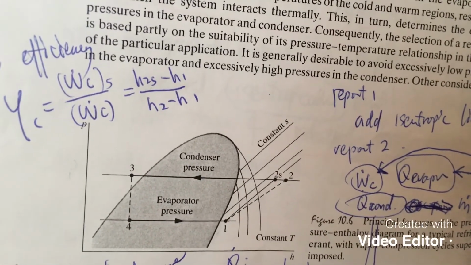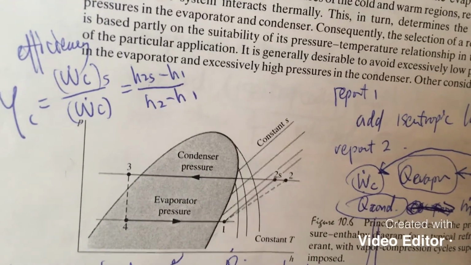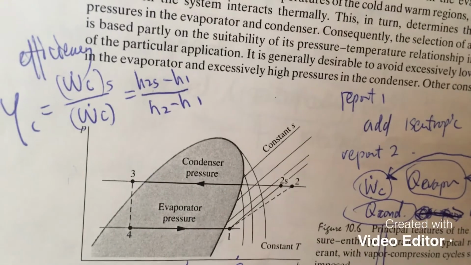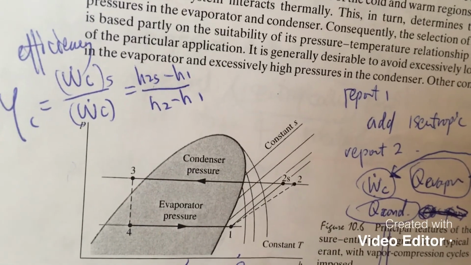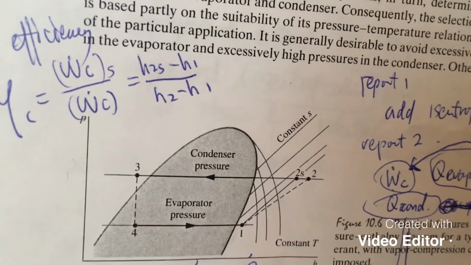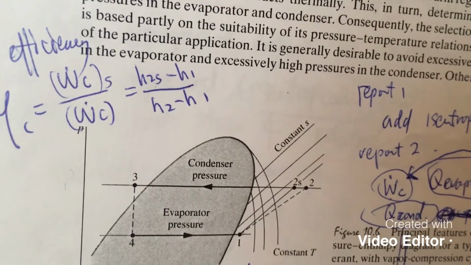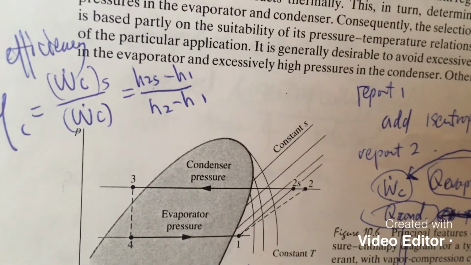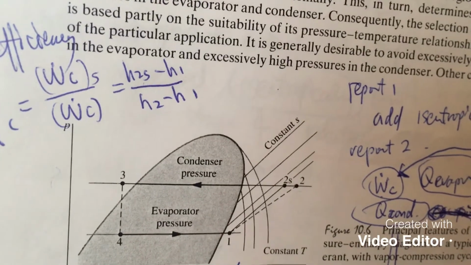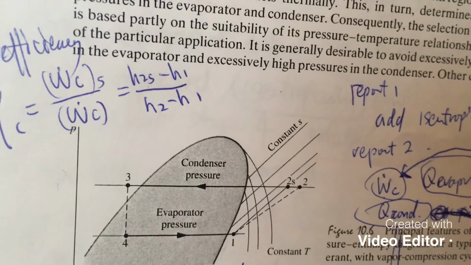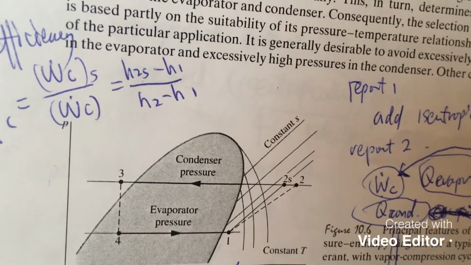H2S is the isentropic line based on 1. So after you measure the H1, look at this diagram. It's located inside the dome, located in the vapor region, right? If you draw an isentropic line from 1, you will get an ideal 2S.